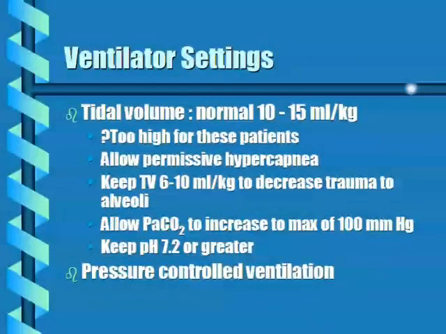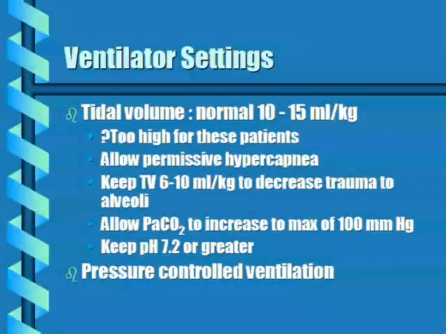Your ventilator settings usually have a tidal volume of our norm, which is 10 to 15 milliliters per kilogram. That's our normal. But for these patients, it may be too high. So that's why they allow the permissive hypercapnia, which we've already talked about, keeping your tidal volume at 6 to 10 milliliters per kilogram to decrease trauma or pressure to those alveoli, and allowing your PaCO2 to increase to a max of 100 millimeters of mercury.